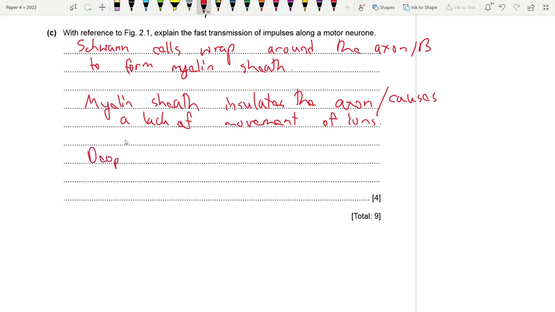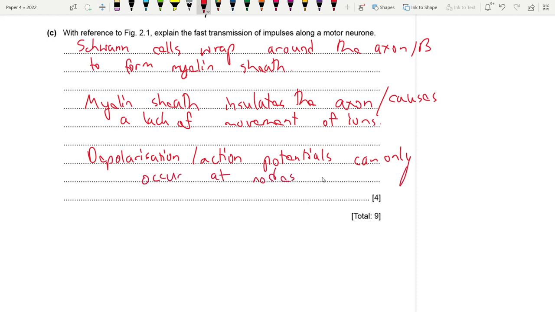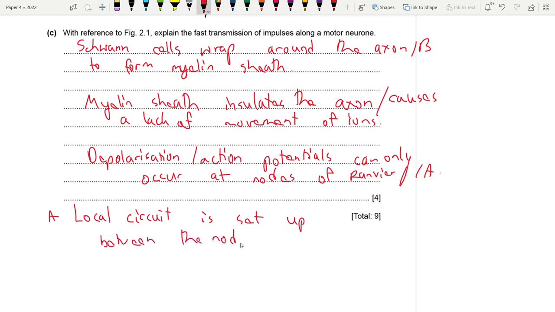So the depolarization, or you could just go for the action potentials, can only occur at nodes of Ranvier, or you could just refer to A. So what actually happens? A local circuit is set up between the nodes of Ranvier, right?